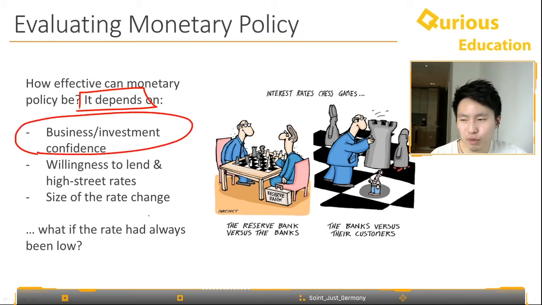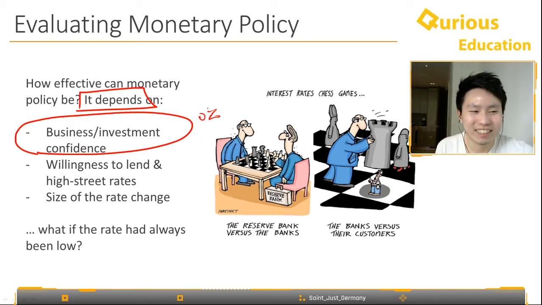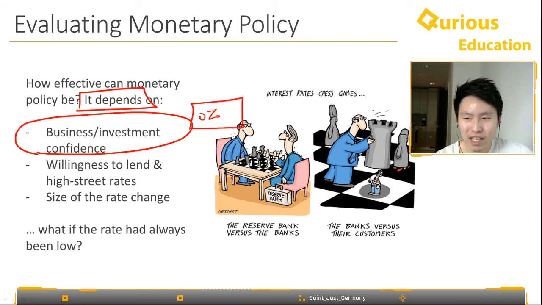During times of COVID, for restaurants and hotels, even if you decrease the interest rates to like 0%, they might still not want to expand their business. Let's say you're an Italian restaurant, I'm not sure why I said Italian, but mamma mia. You probably don't want to expand your restaurant business in this climate, because nobody is going to be your customer if we're going into lockdown again, which is likely for the UK.